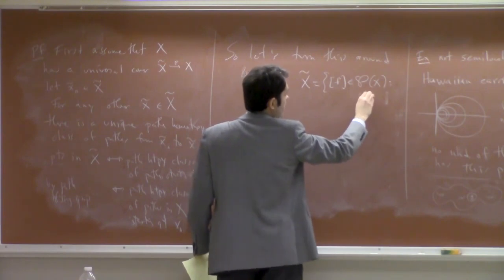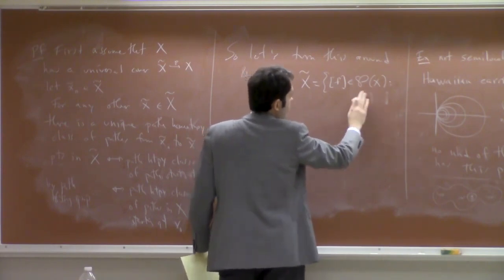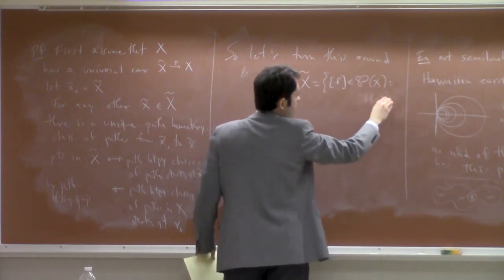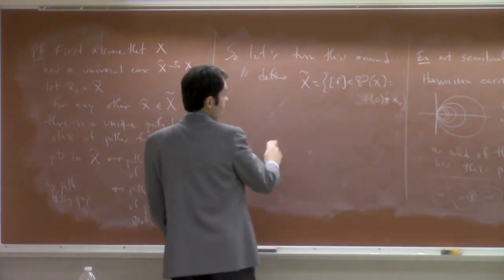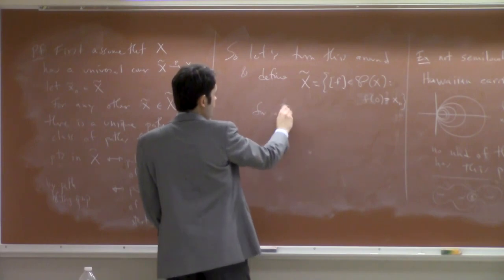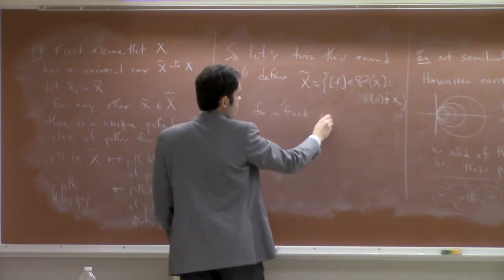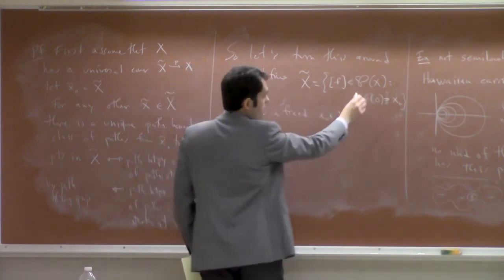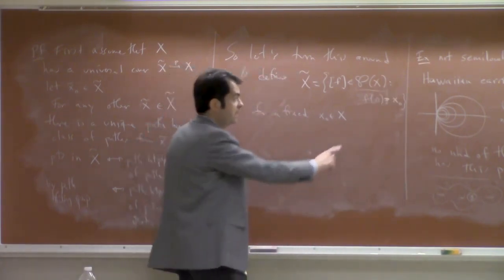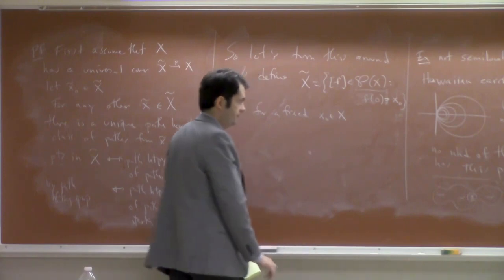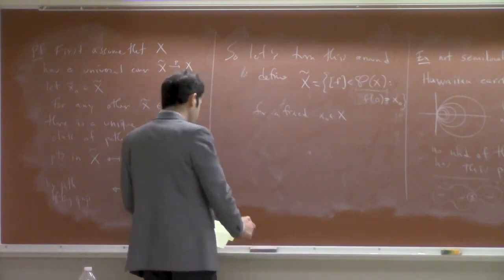And we'll just demand that the left endpoint be some fixed point x naught. Right? So path homotopy classes of paths in x, and we're just demanding that the left endpoint be fixed. Okay?